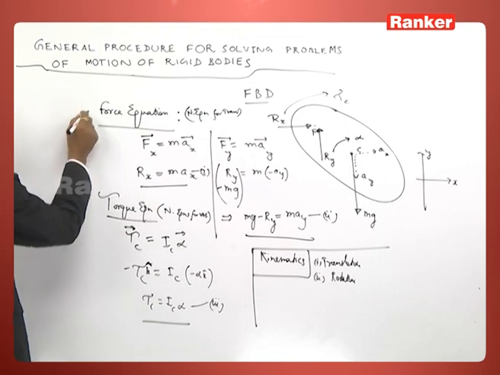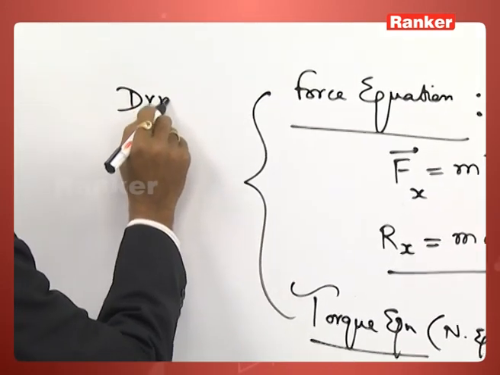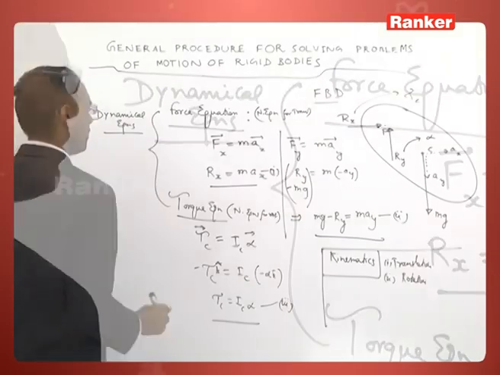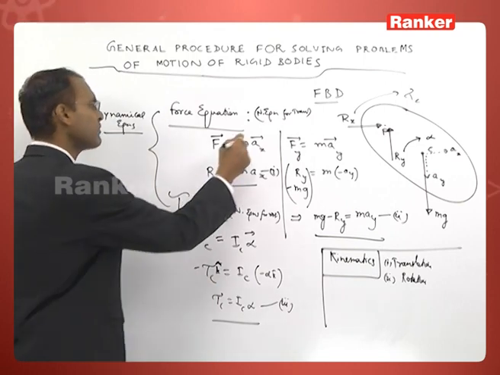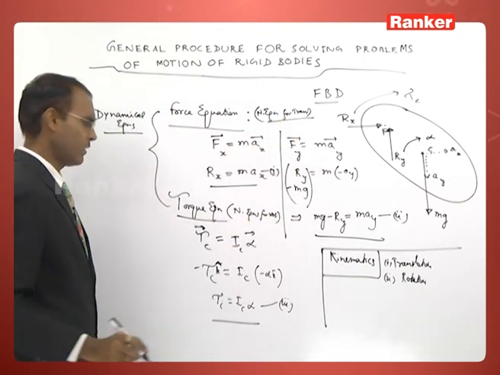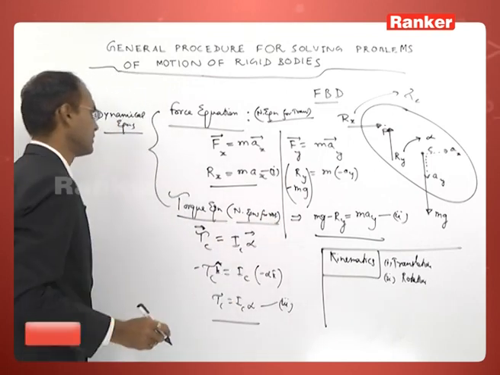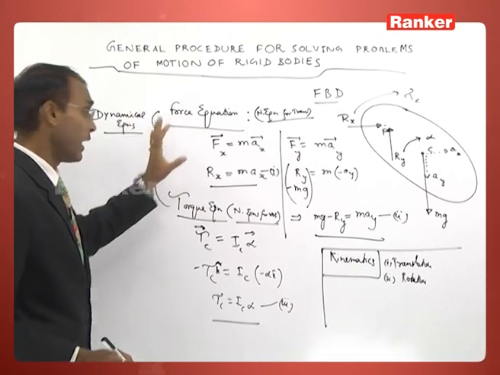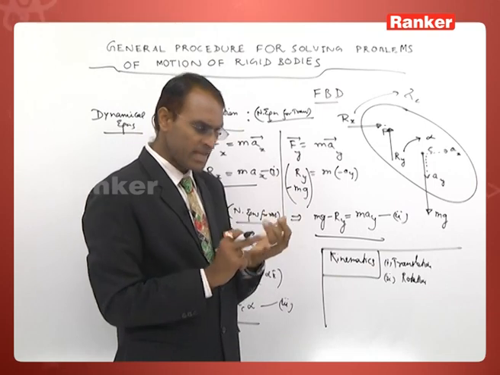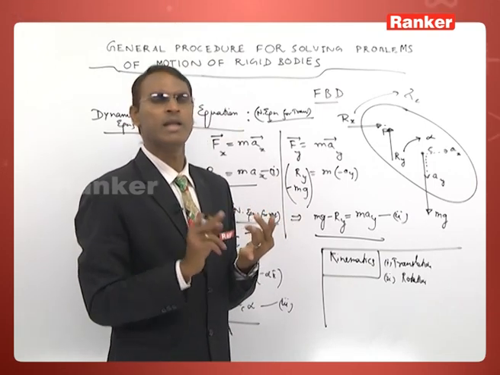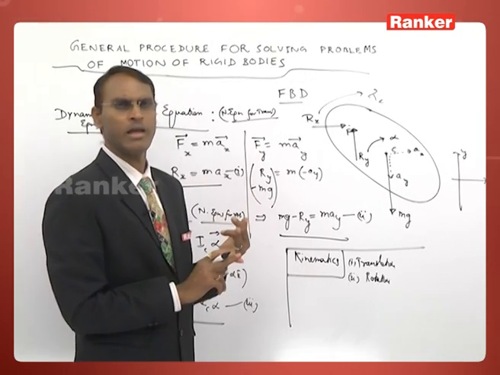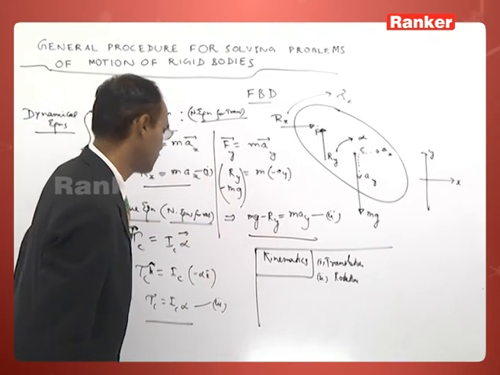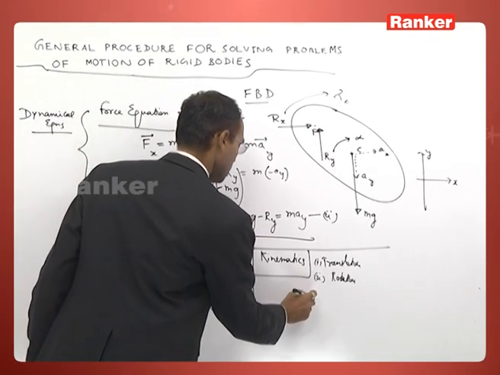For dynamical equations, we have written the equation for translation and the equation for rotation. Dynamical equation means force equation, torque equation. Kinematical equations mean the relation between the velocities, linear and angular, and the relation between the accelerations, linear and angular, as discussed earlier.